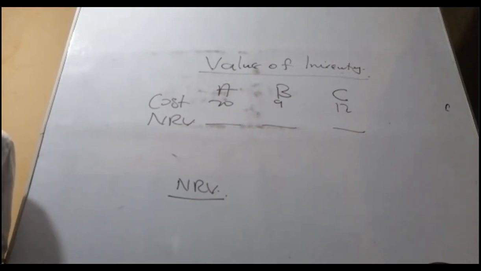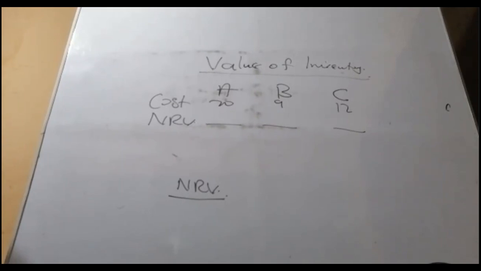We say NRV is equal to estimated selling price less estimated cost to complete and estimated cost to sell the item.